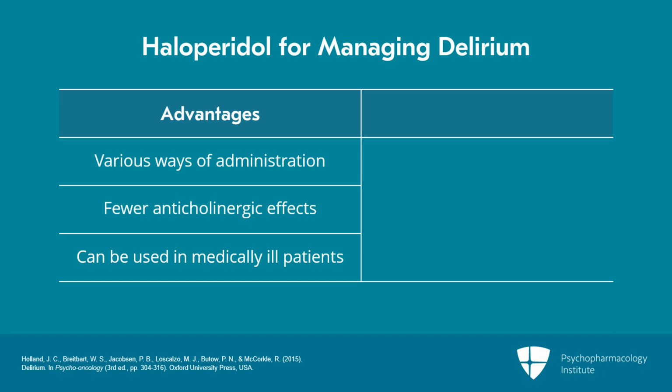In our cancer patient population, we tend to avoid administering any medications via IM, intramuscularly, including antipsychotics. That's not a common practice for us, but it is pretty common to use haloperidol via IV, in which case you want to make sure that you're monitoring the patient's cardiac function and especially the QTC interval, because there is a risk of QTC prolongation.